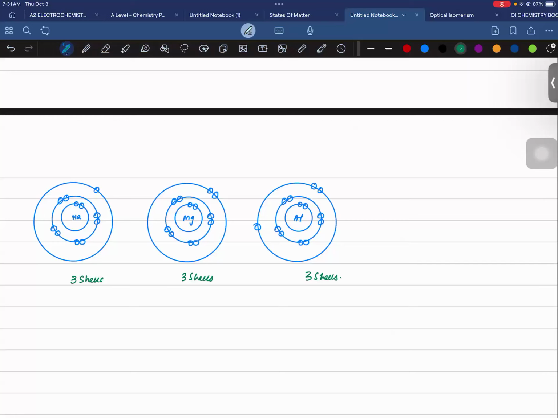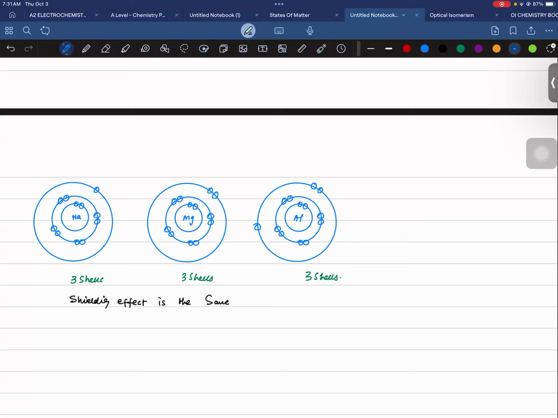Why? Because the shielding is also the same. The shielding effect remains the same for all.